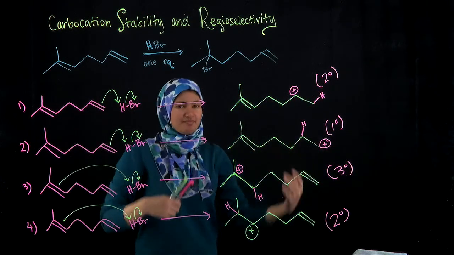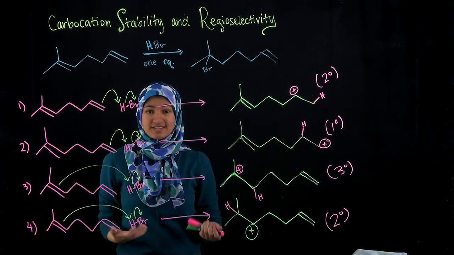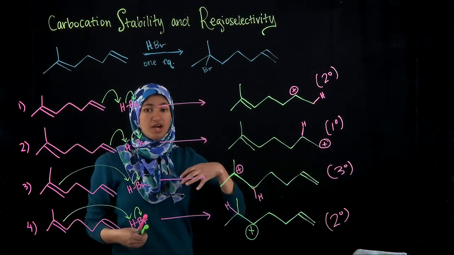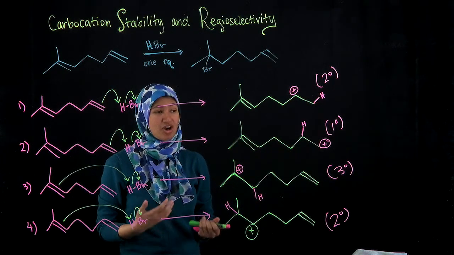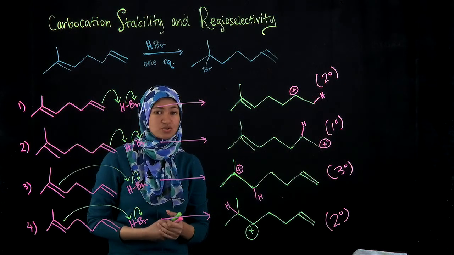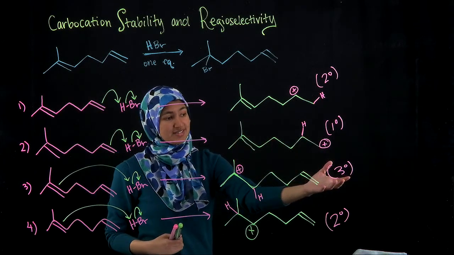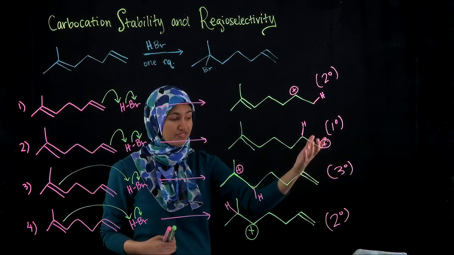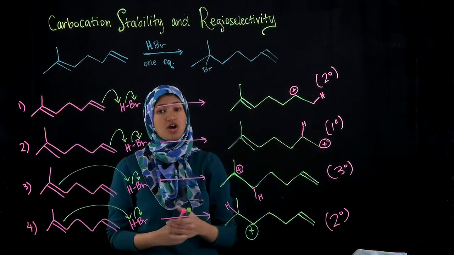So Markovnikov regioselectivity basically states that your reaction is going to proceed across or through your most stable carbocation species. So your most stable carbocation species is going to be the more substituted carbocation. That means that our 3' is going to be preferred over our 2', which is going to be preferred over our primary carbocation.